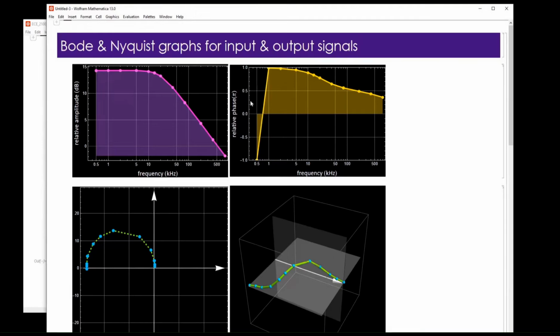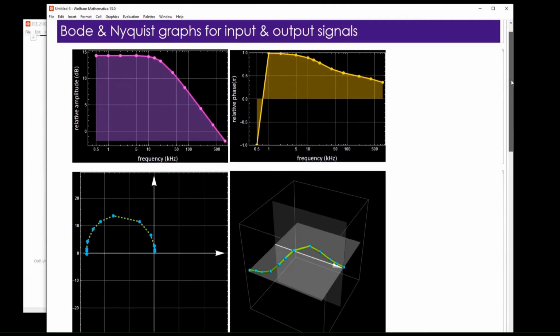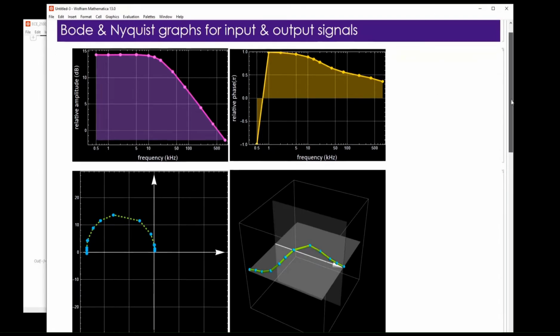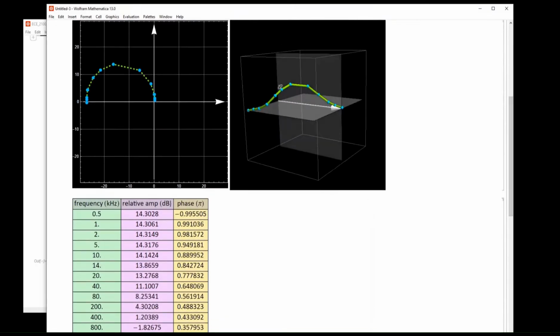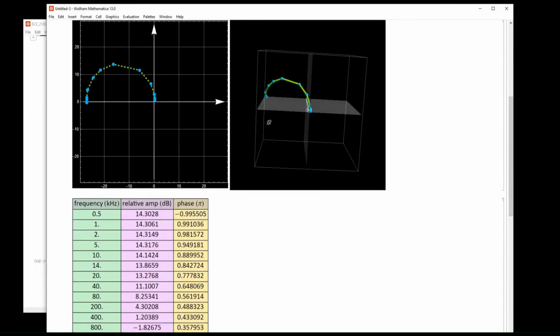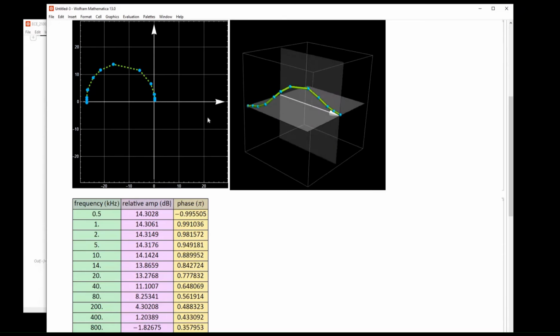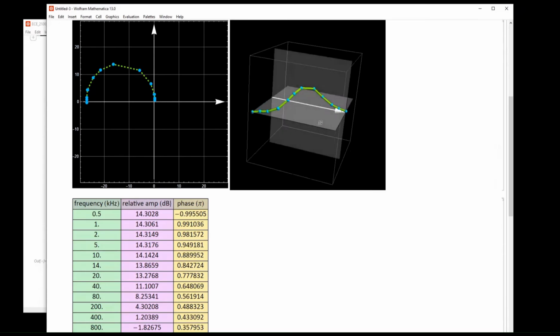One file shows the Bode plot, which shows the decrease of gain versus frequency, and the phase plot showing a change from pi phase difference to only pi over 2 at higher frequencies. The left-hand side is the conventional 2D Nyquist plot. The 3D Nyquist on the right uses the white arrow axis for frequency, and one can see the large gain with pi phase shift at low frequency, which turns into vanishing gain and pi over 2 at high frequency.